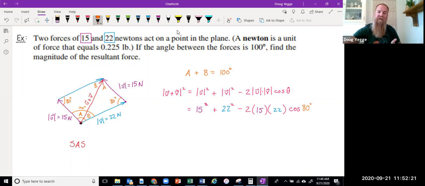The law of cosines that we've learned previously is what's going to allow us to still work with vectors and answer some very similar questions.